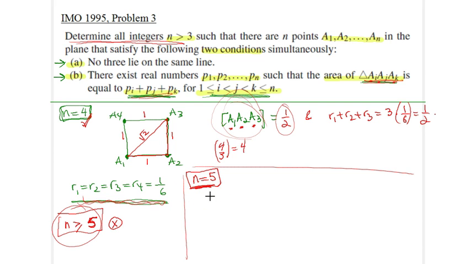Before I do though, I would like to make the following remark, or let's call it actually a lemma, that turns out to be the crucial lemma for the rest of this problem.